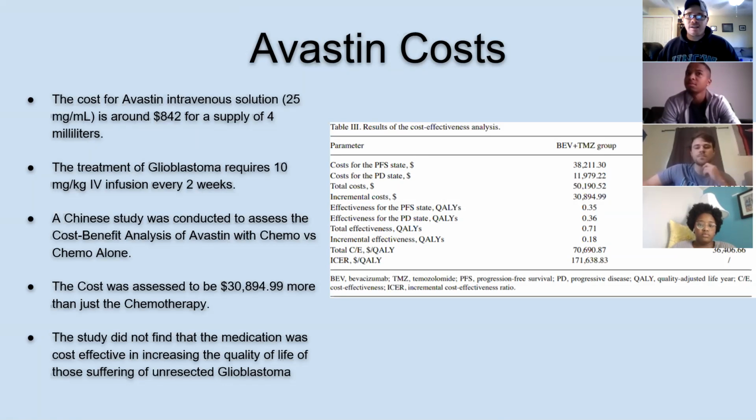So even in Canada, it's not approved to pay for Avastin in conjunction with chemo, just because it increases the cost so much but doesn't really change the effectiveness of it, and it doesn't actually help a whole lot of people. If anything, because of the health risks experienced in 64% of people, it may actually end up hurting the people that you're trying to help.